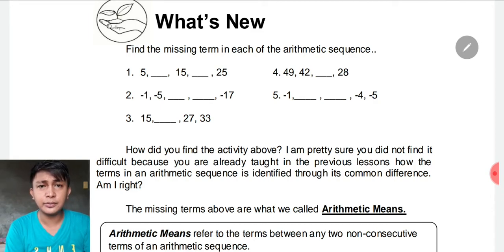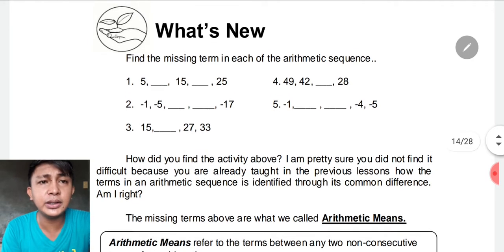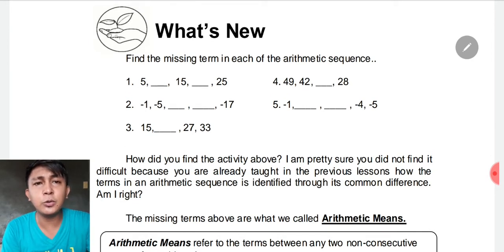So, 5, blank, 15, blank, 25. This is very easy since we just get the missing terms.